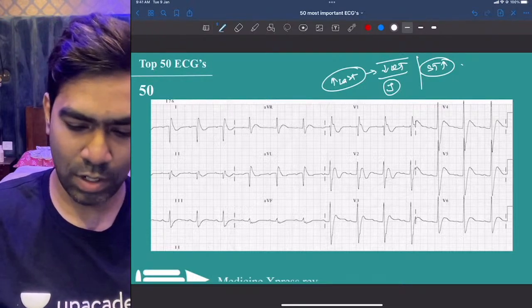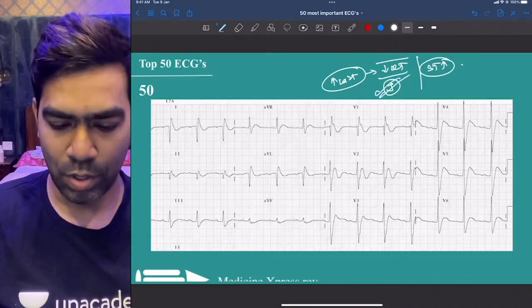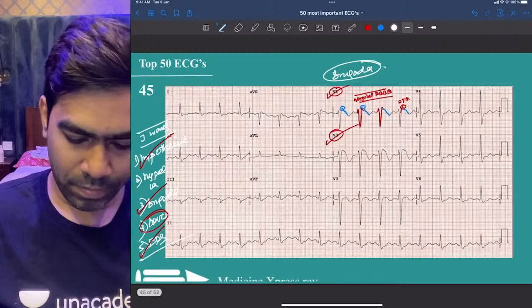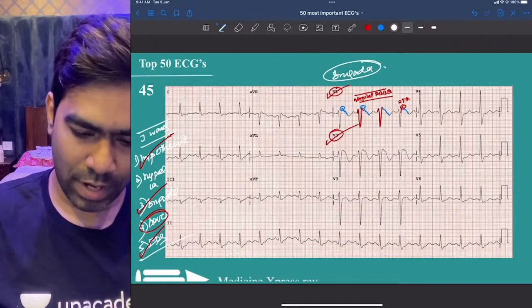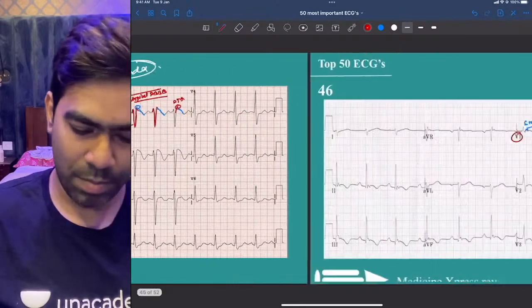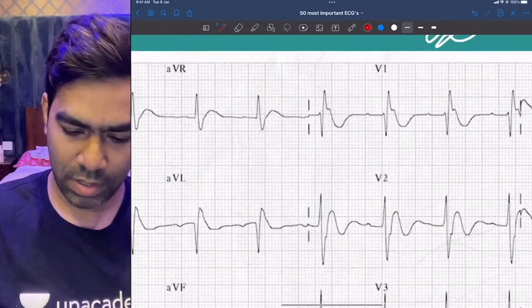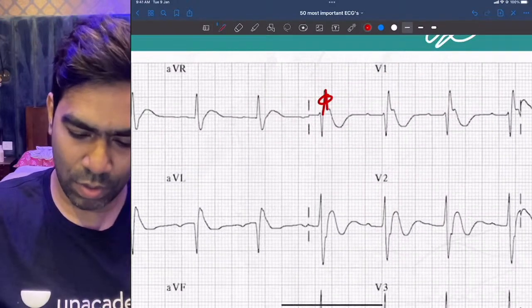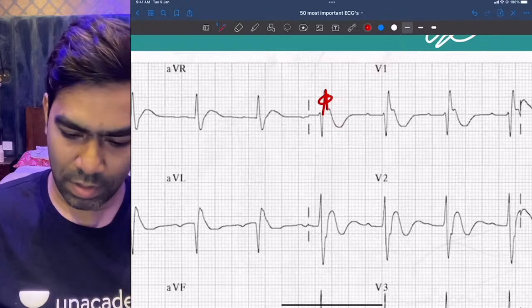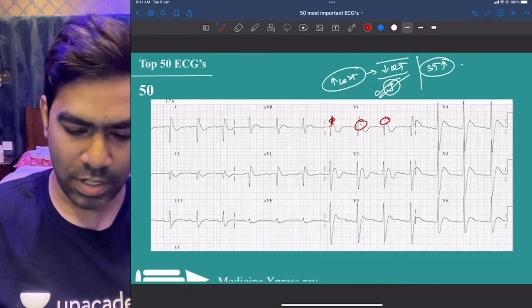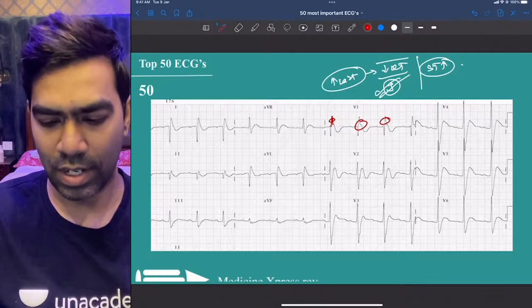Remember, hypercalcemia is also another important condition that produces J waves. If you look at this one, these are the prominent J waves produced by hypercalcemia.